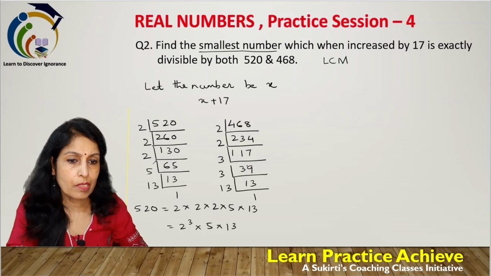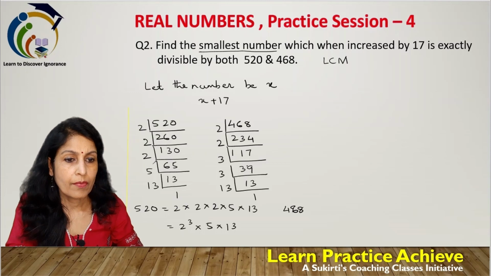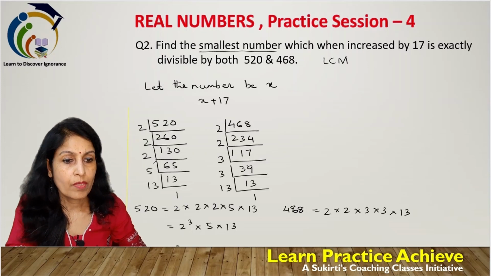So 468 is equal to 2 into 2 into 3 into 3 into 13, and this is equal to 2 to the power 2 into 3 to the power 2 into 13.